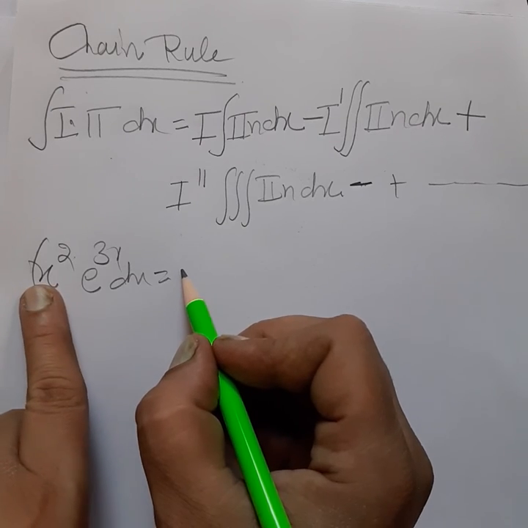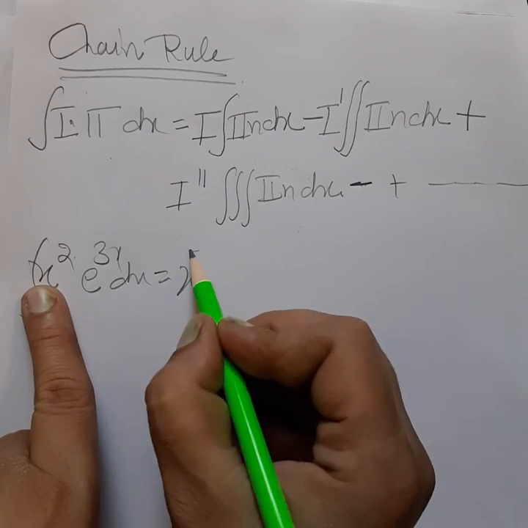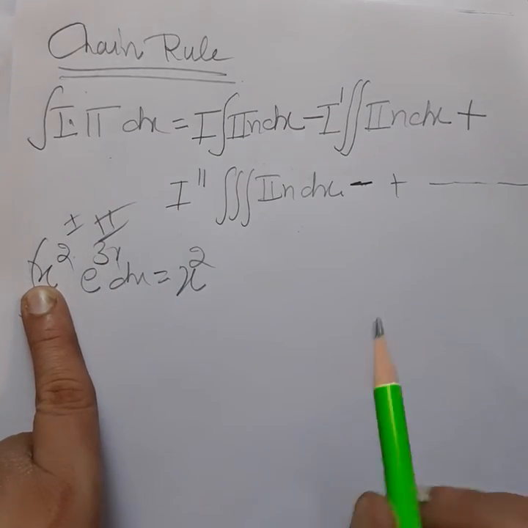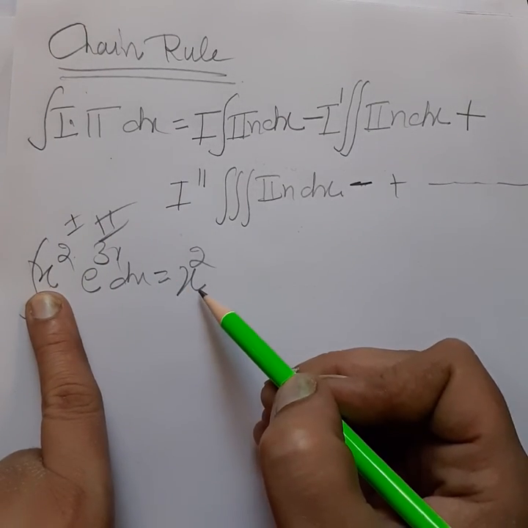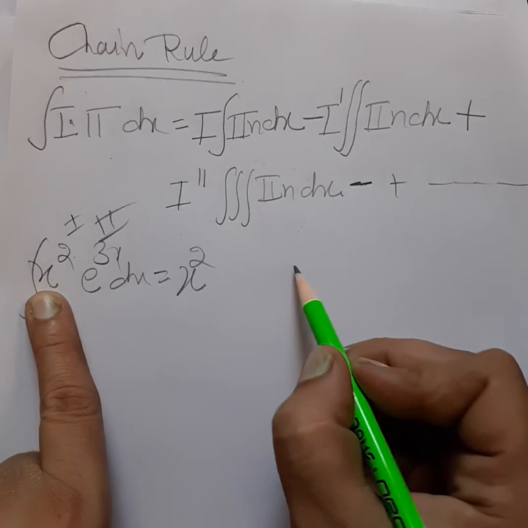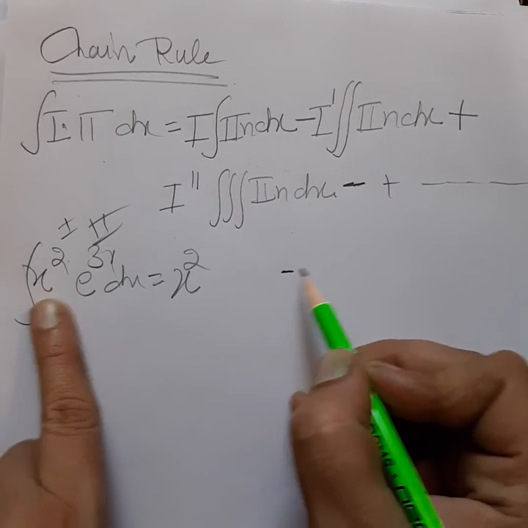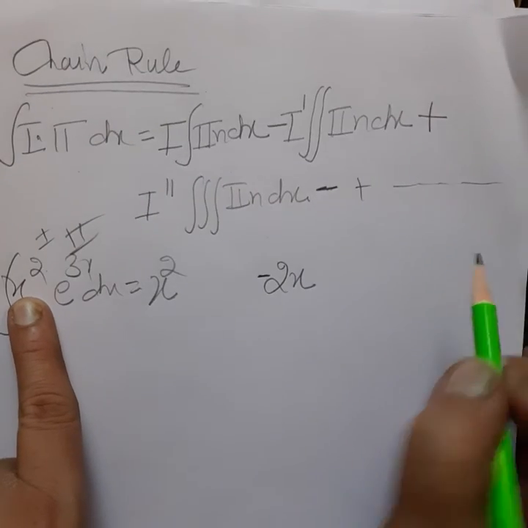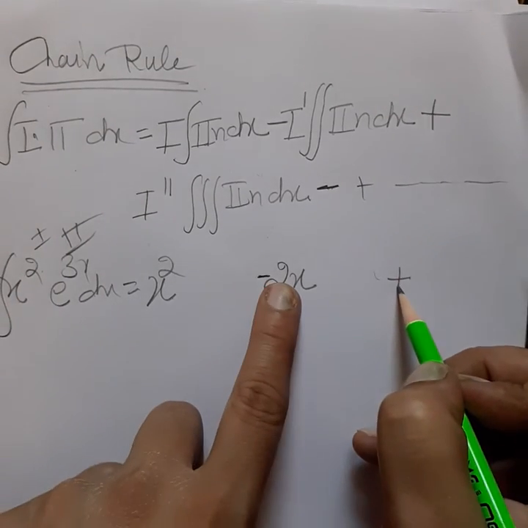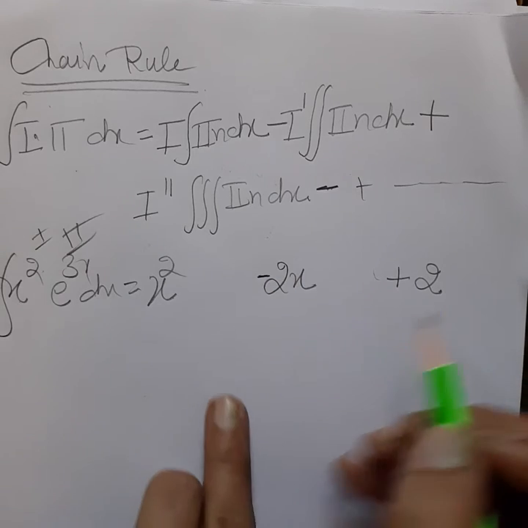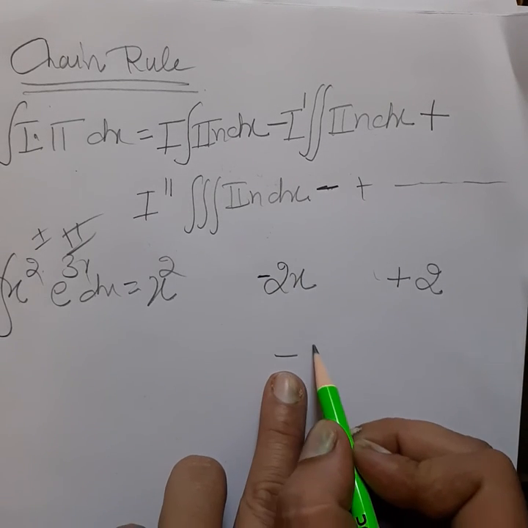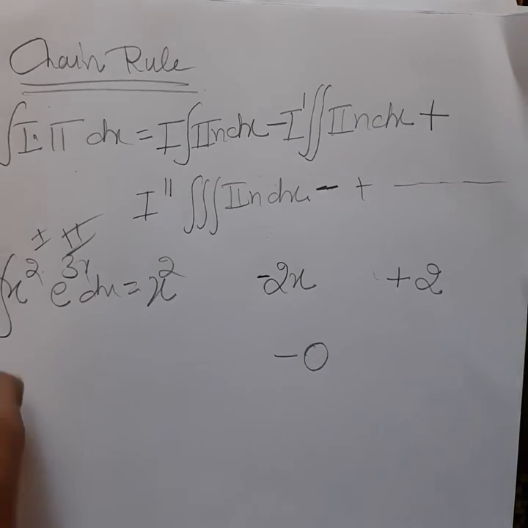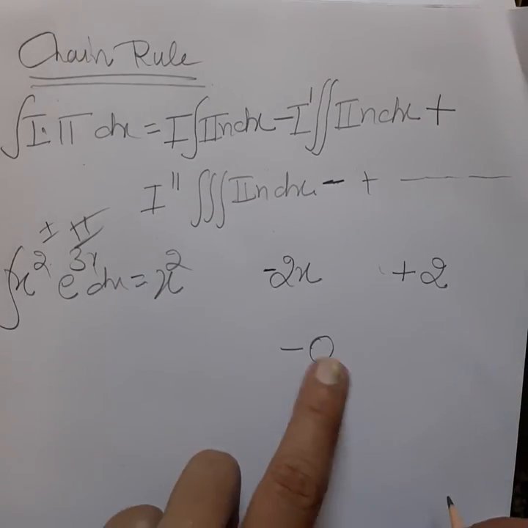First of all we write here x square because it is our first function, and this is our second function. You can see here the derivative of x square is 2x. After that the derivative of 2x is 2, and in the fourth step the derivative of 2 is 0, so we need not continue after this. This is a very useful technique.